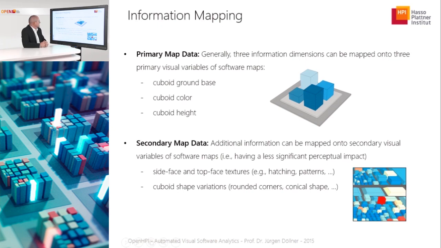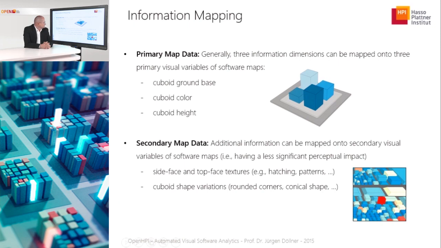These 3 primary visual variables are ground base size, the color used for representing a cuboid, and the height. Like in the case of 2.5-dimensional tree maps, these are 3 principal visual variables or primary visual variables.